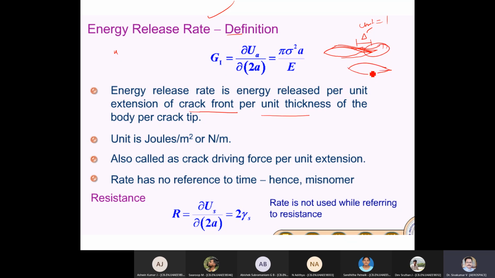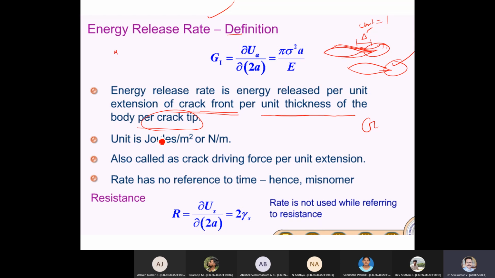This is per crack, on one side only. The G for this side. You got it, no?